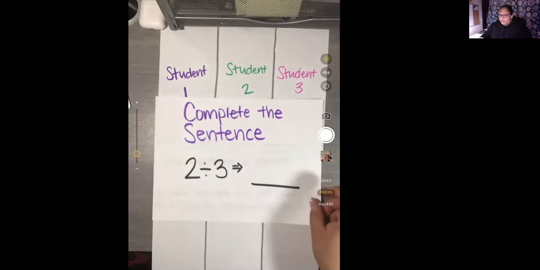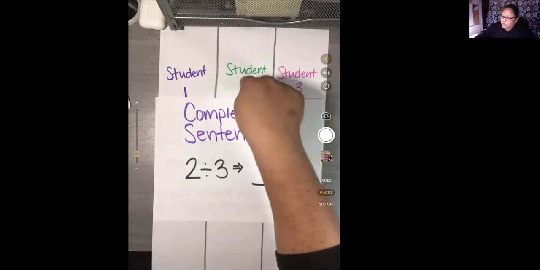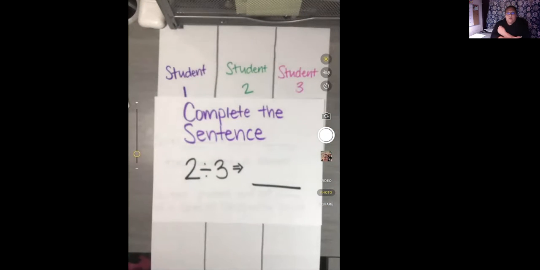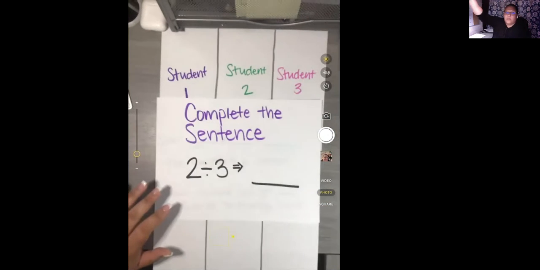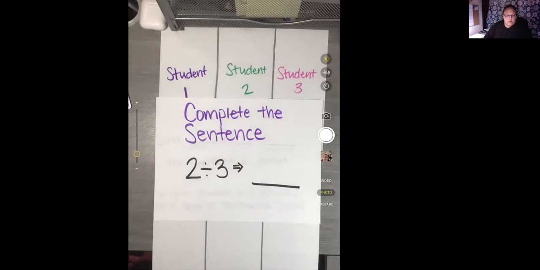Now let's complete this sentence. 2 divided by 3. We use 2 divided by 3 because we have 2 pieces of paper divided by 3 students. So our sentence would be 2 divided by 3.